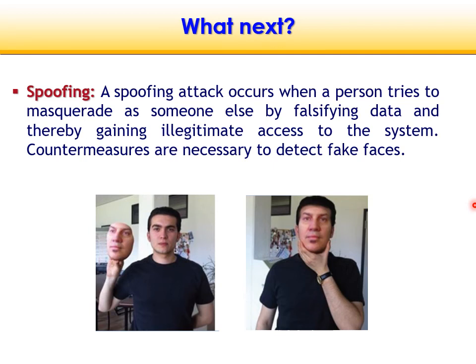So perhaps the sensor can detect that this is not skin. This way we can discard this input face, or the face system can have a software module to really detect that this is not a natural texture or face. So we can have sensor hardware-based approaches or software-based approaches to detect these fakes and then do fake detection.